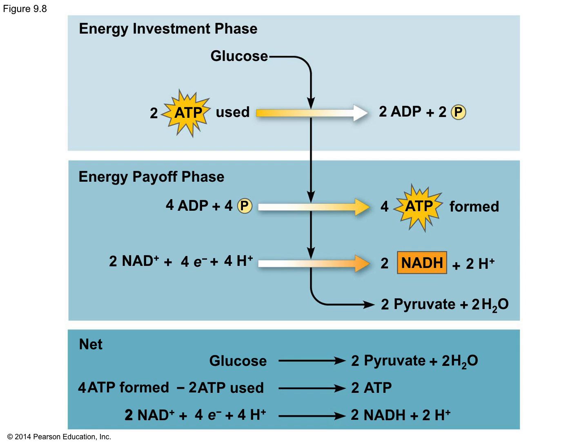We have a product of 2 NADH as a net. And of course, we have 2 pyruvate. So the 3 important products in glycolysis are a net of 2 ATP, 2 pyruvate, and 2 NADH.